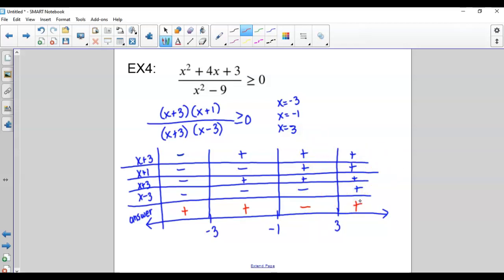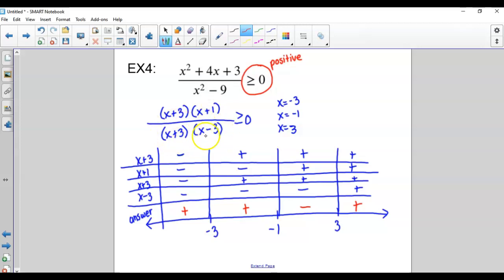And so this particular equation wants us to find where the graph is greater than or equal to 0. So it's looking for positive sections. In this case, you can have the equation equal to 0, but you have to watch out for excluded values.